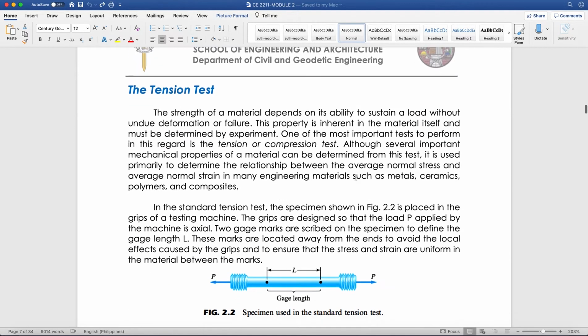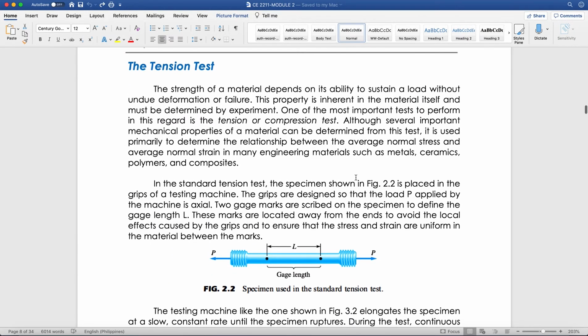Okay, so the tension test. The strength of a material depends on its ability to sustain a load without undue deformation or failure. It is very important for us to determine the behavior of the material, when it will be in the plastic state or the elastic state.